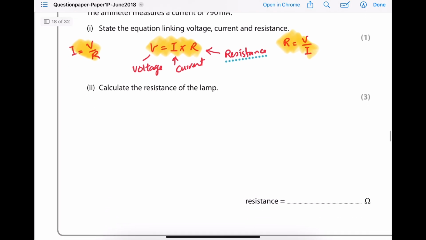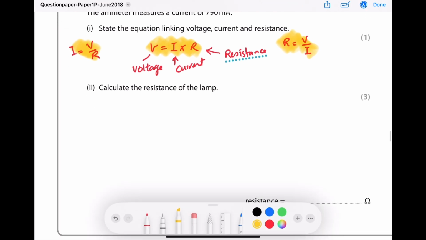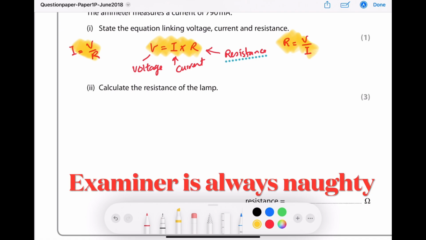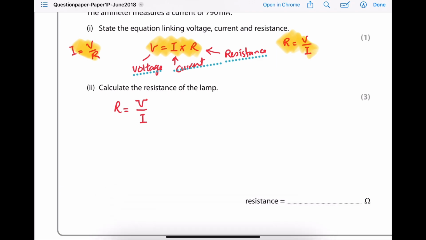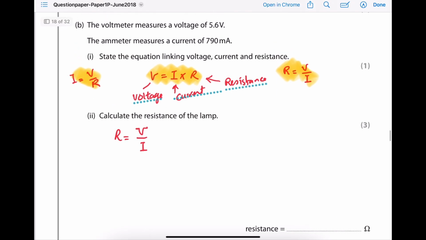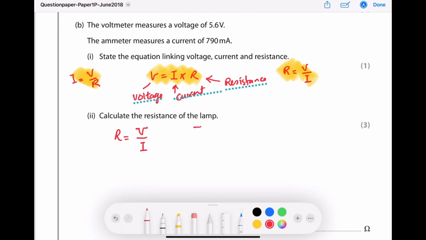For section B double I, now the examiner is asking for applying the mathematical formula, so resistance, which is V voltage over I, resistance of the lamp. But there is one thing here, in section B the current was given as 790 milliampere.